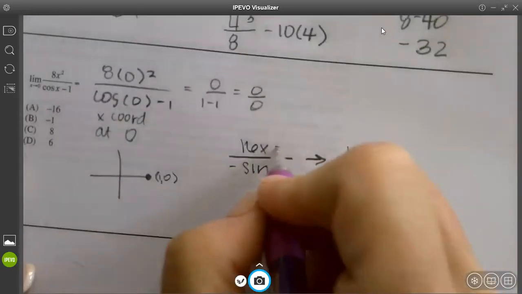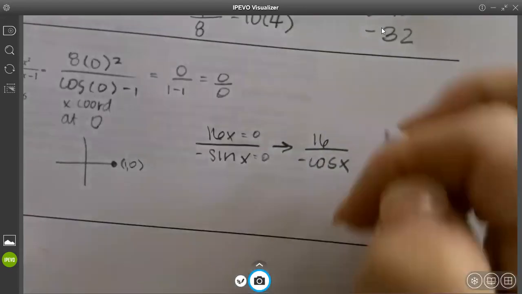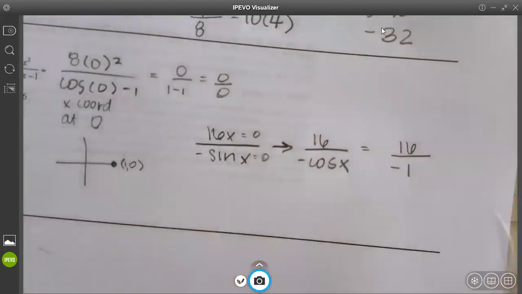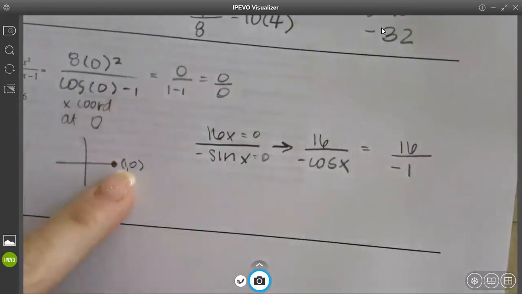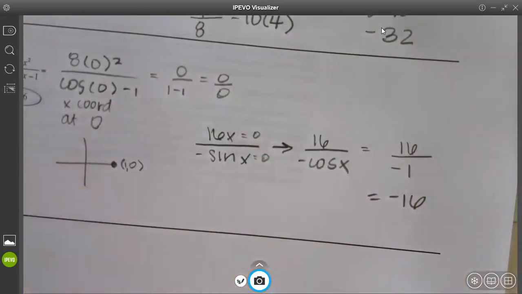Again, just a reminder, this gave you 0/0, which is indeterminate. Take the derivative again. If you need to write those little notes out, do that. And then when we plug in, we get 16 over, remember our x coordinate at 0 was 1. This is a -1, and we get -16.